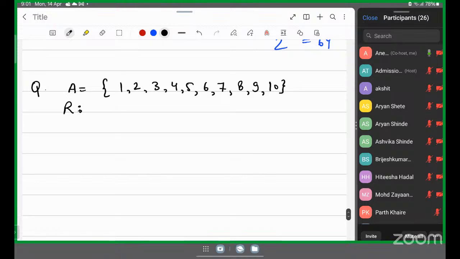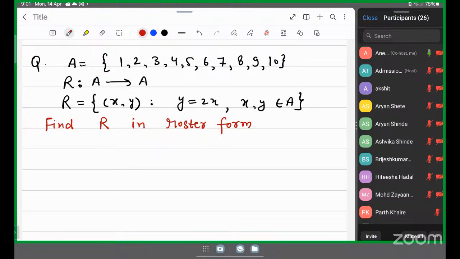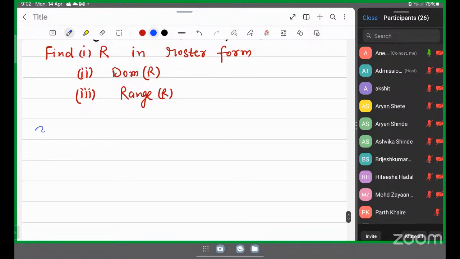And there is a relation R which is defined from set A to set A such that R is equal to {(x, y) such that y = 2x}, where x and y are coming from set A. So you have to find relation R in roster form or tabular form, and hence find domain of this relation R and also find range of this relation R. So what do you think? What will be relation R?